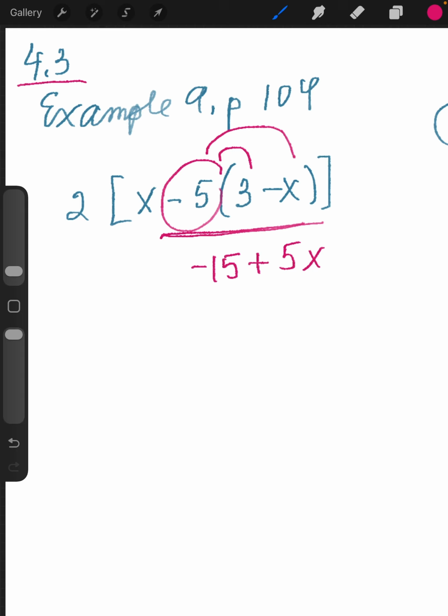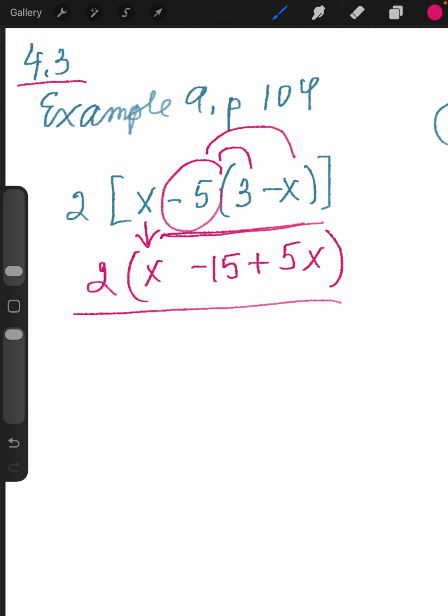Okay, so now we just put the x down, and now our parentheses can be round or square. It really just doesn't matter. Okay, and then we put 2 in front. Now here we have another opportunity to use the distributive law. So we need to expand this expression now, right?